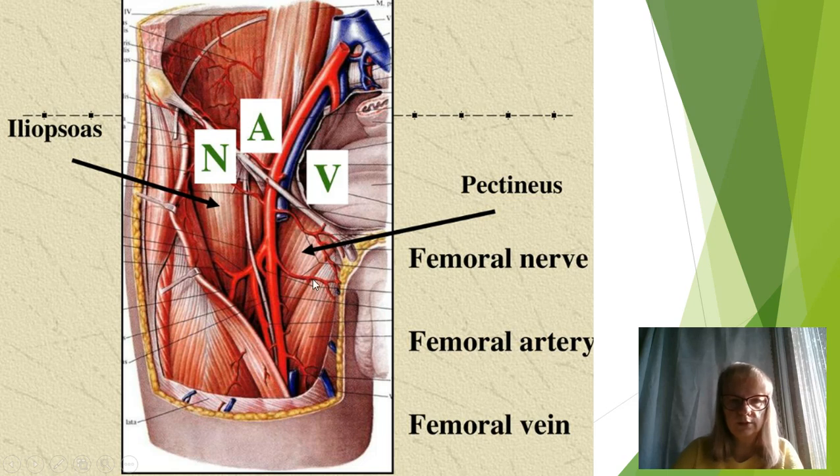And you see here the structures. More deeply, after removing the sartorius, the visible floor of the trigone will be the iliopsoas muscle and the pectineus muscle.